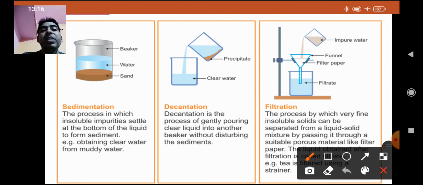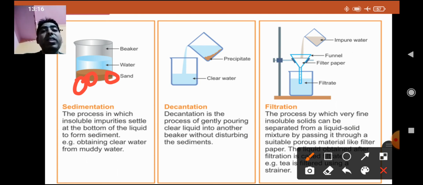Again, the process of settling down of heavier insoluble particles at the bottom of a liquid is sedimentation.